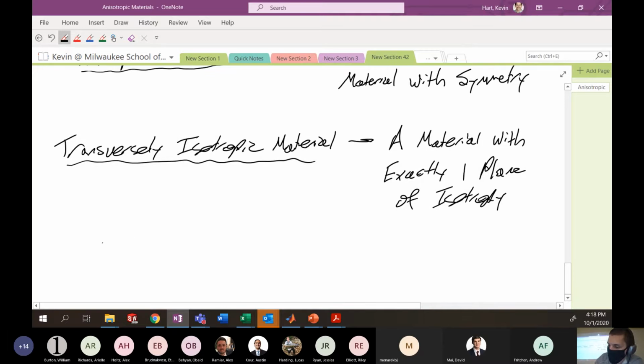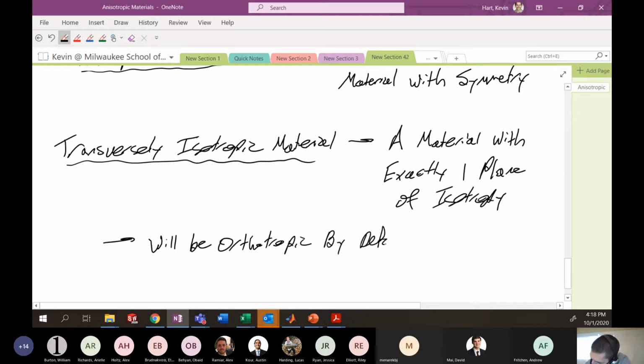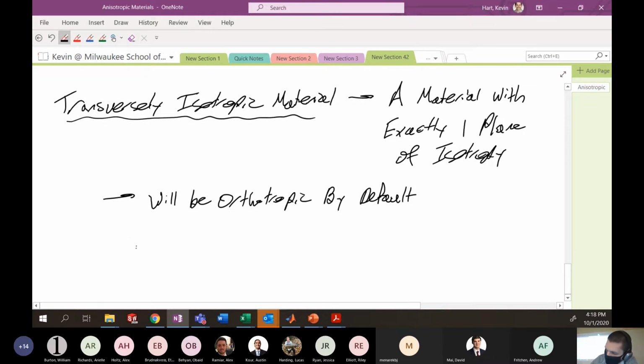A transversely isotropic material must be orthotropic, so it will be orthotropic by default. You cannot have a transversely isotropic material without orthotropic behavior. An example is a unidirectional composite.